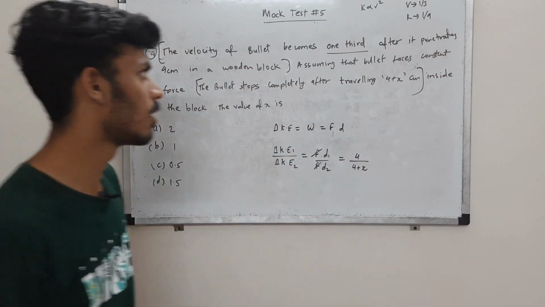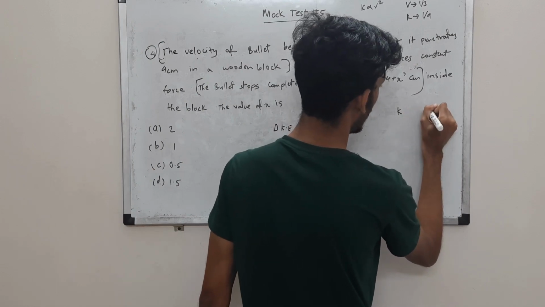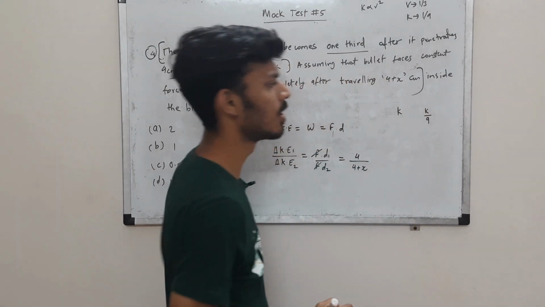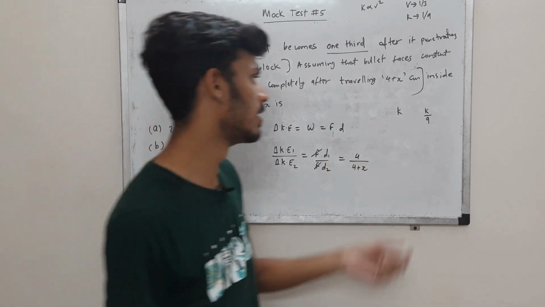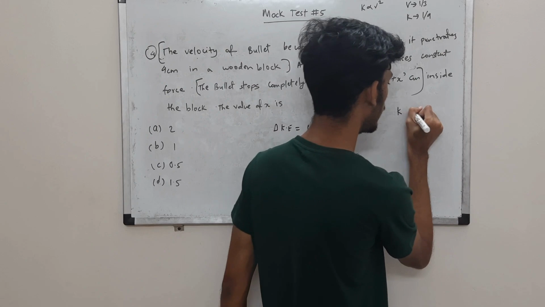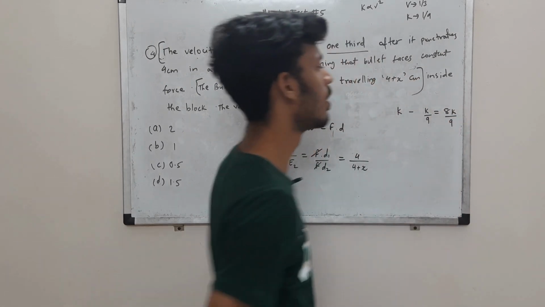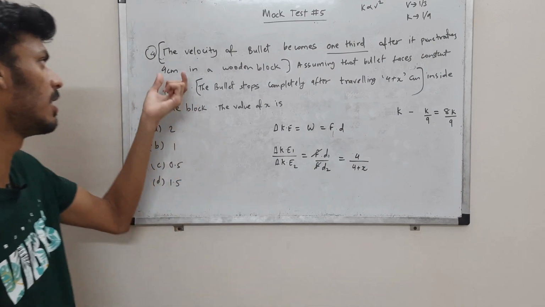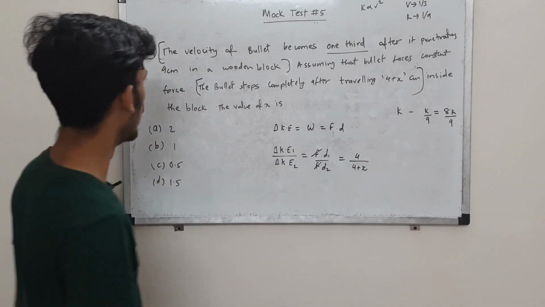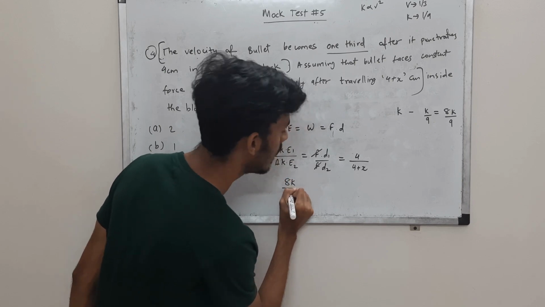So what is the loss? The initial kinetic energy is K, and the final kinetic energy is K by 9. So the loss will be the difference. If you take the difference of final and initial kinetic energy, that will give you the loss. So this is the loss that has happened when the bullet has penetrated a distance of 4 centimeters. So delta K1 is 8K by 9.